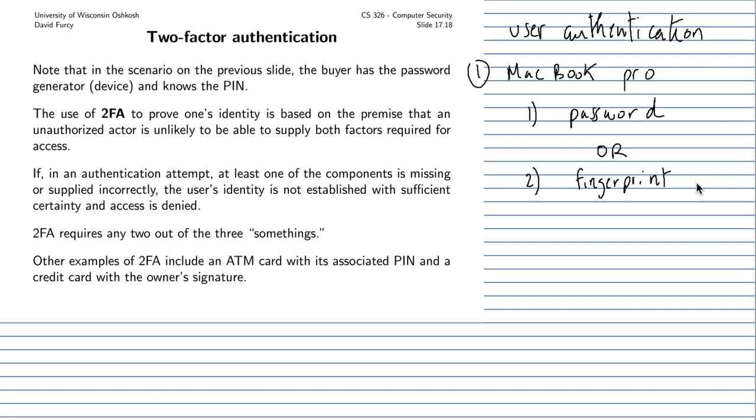You can just put your index finger to the sensor and authenticate yourself that way. So this is something that you know, and this is something that you are, and we've talked about these techniques before.